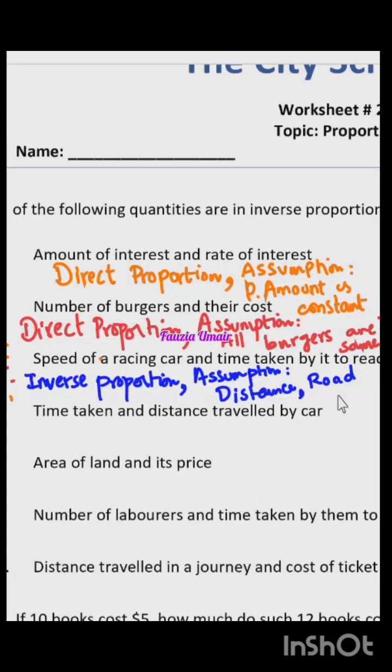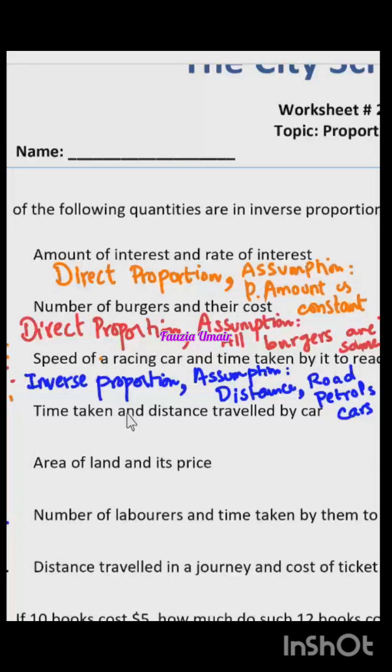Okay? So next now, please raise your hand for the answer. Next is time taken and distance traveled by a car. Anyone from the girls? Time and distance traveled by car. Apart from the people who are raising hands, anyone else? From the girls, maybe someone? Zoya, yes beta. Time and distance, what do you think is the relation?